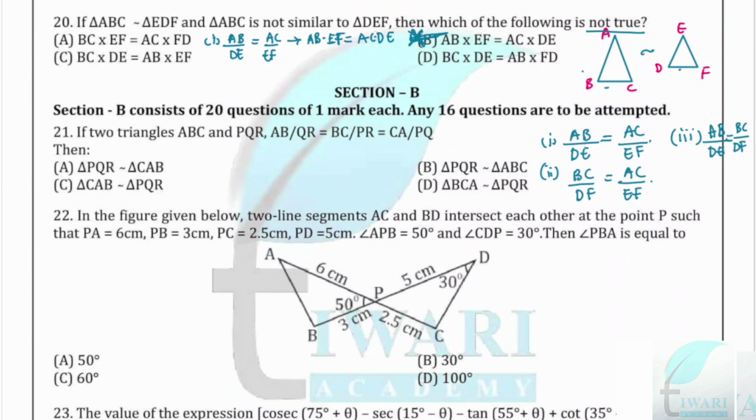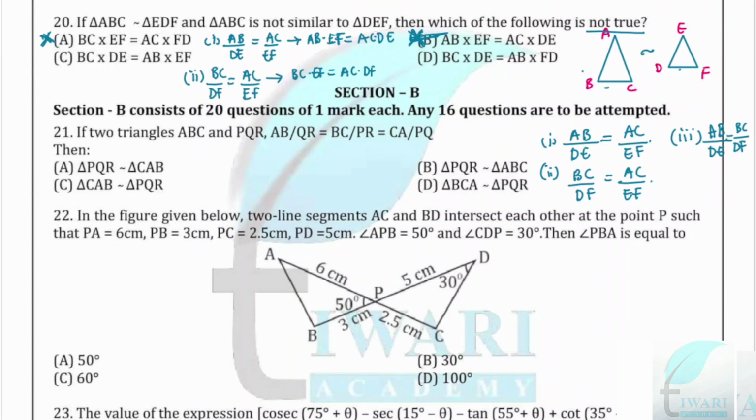Now the second one. BC by DF is equal to AC by EF, which can be written as BC into EF is equal to AC into DF. So option A is also true, which can't be the right answer because we are asked for the one that is not true.